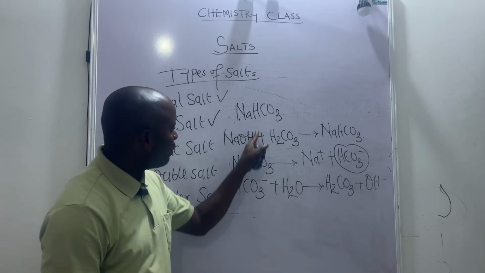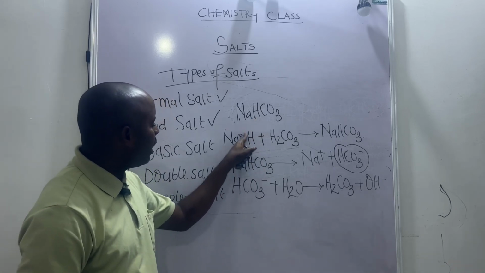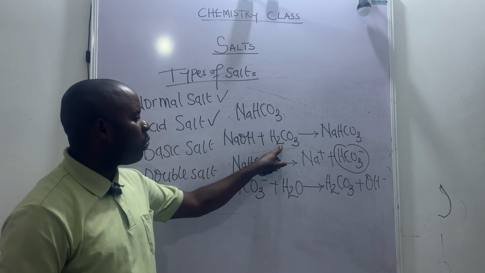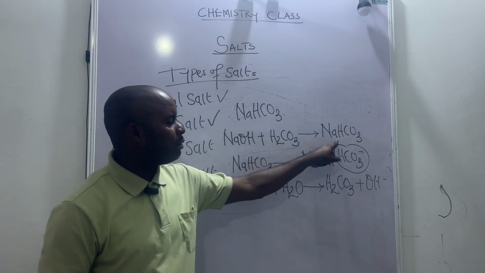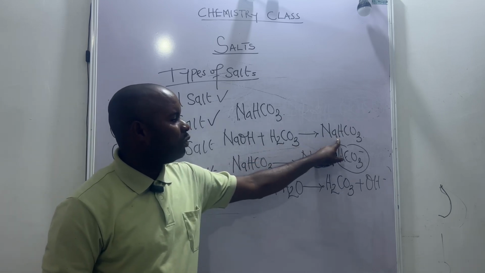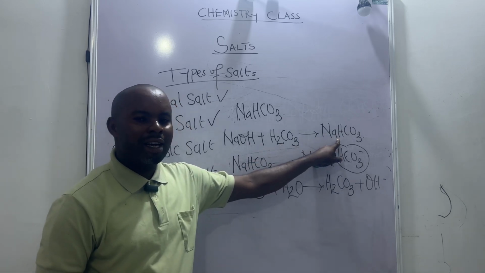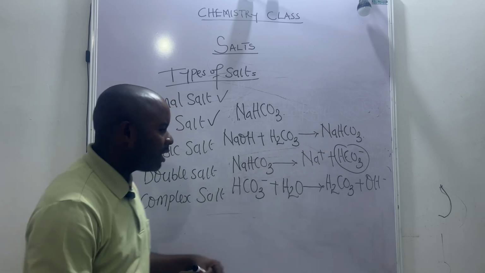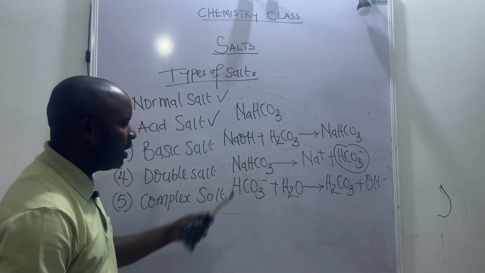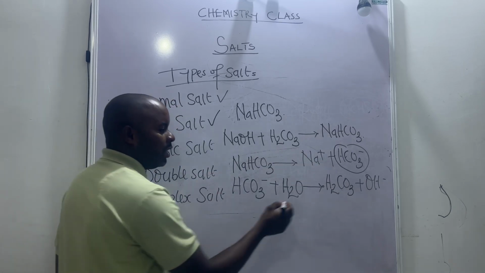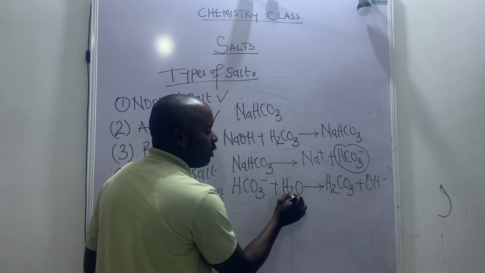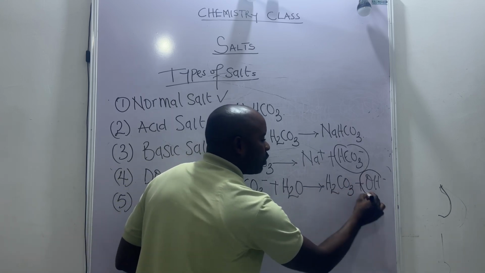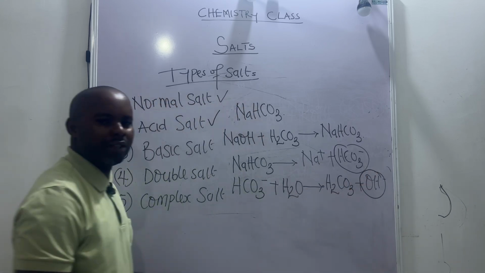Since a strong base reacts with a weak acid, it is going to produce what is known as a basic salt. How did you conclude that this salt is a basic salt? Because when it is dissolved in water, it gives hydroxyl group, which is the basic characteristic.